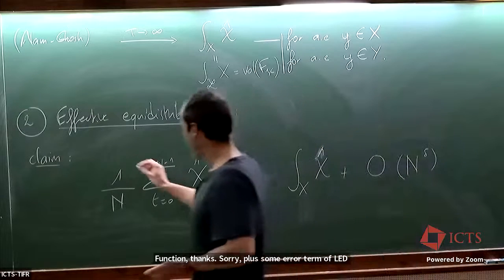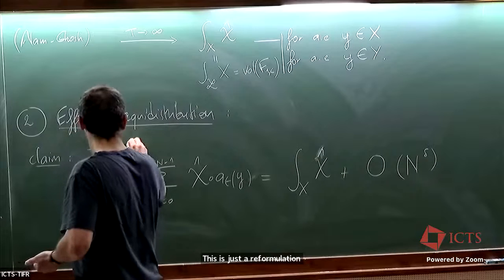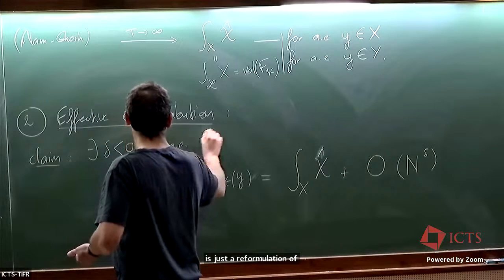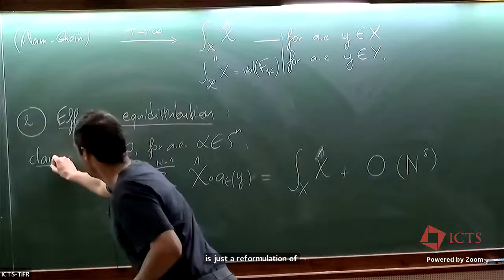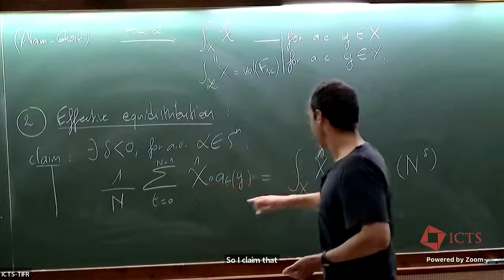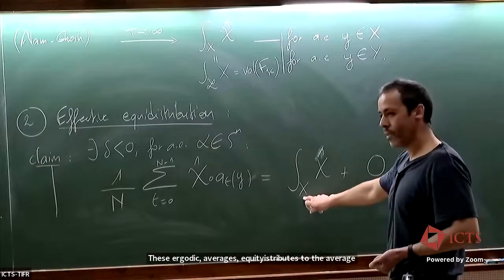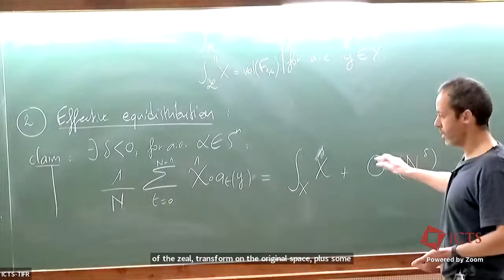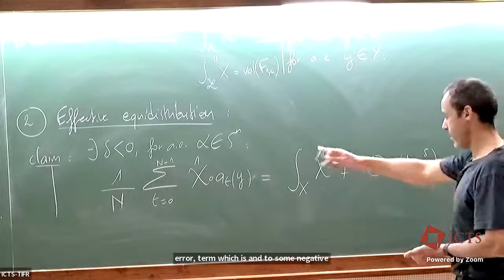This is just a reformulation of the theorem. So I claim that these ergodic averages equidistribute to the average of the Siegel transform on the homogeneous space plus some error term, which is n to some negative power, for almost every alpha.